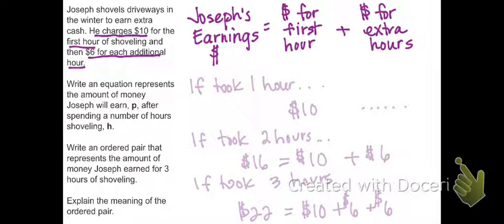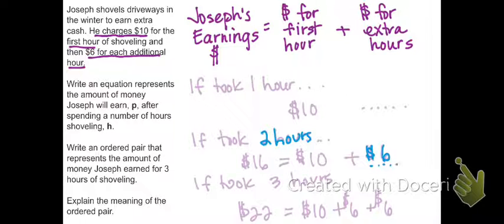So let's look at what's happening here. It's not just 10 plus $6. It's 10 plus you're adding $6 a certain number of times. How many times do we add the $6 when he took 2 hours to shovel?